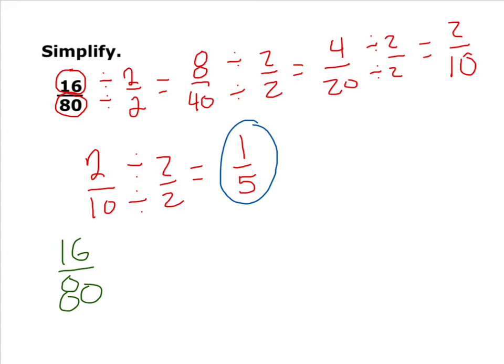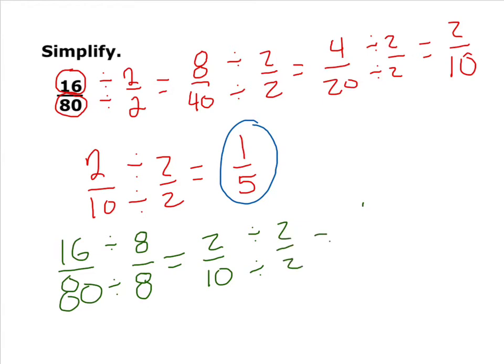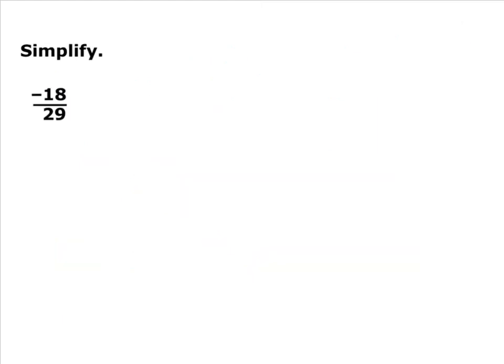I know that 8 will go into both of them, so if we divided both the top and the bottom by 8 to start with, that would give us 2 over 10, and then we could simply divide those by 2 that time, which will give you 1/5, which is the same answer that we got right here, just in fewer steps. Which, if I can make it quicker, I'm going to, because I want to get it done as soon as I can.